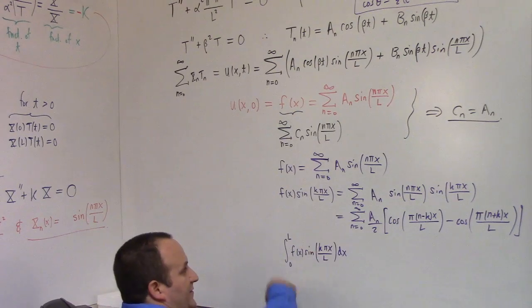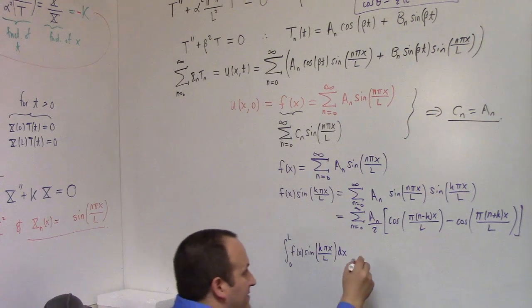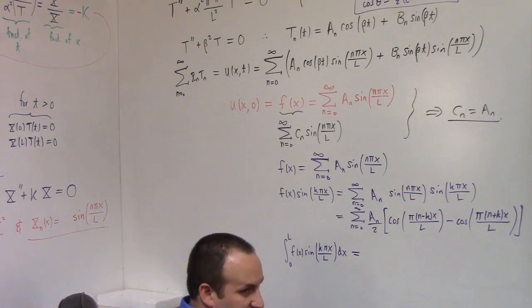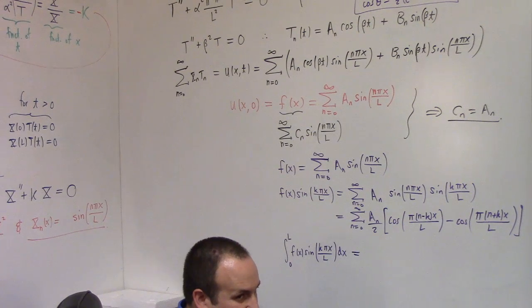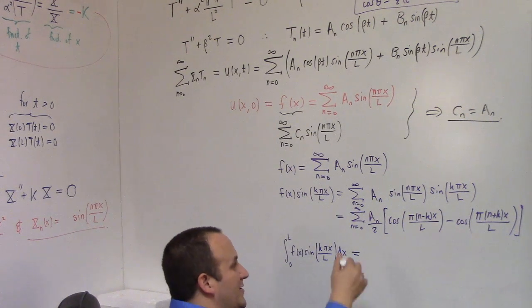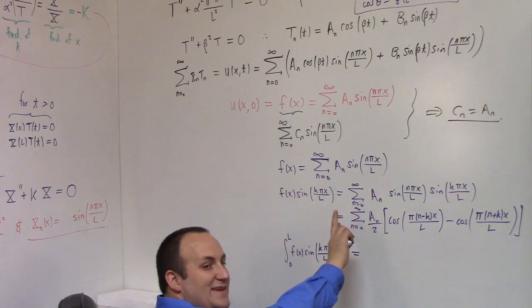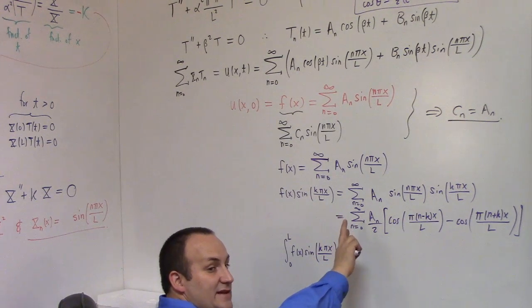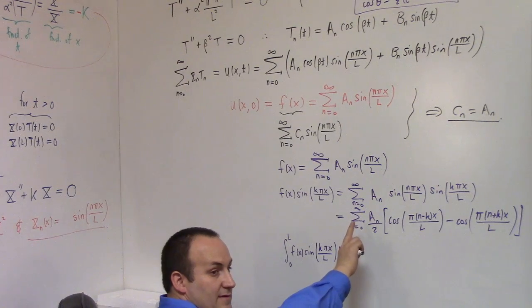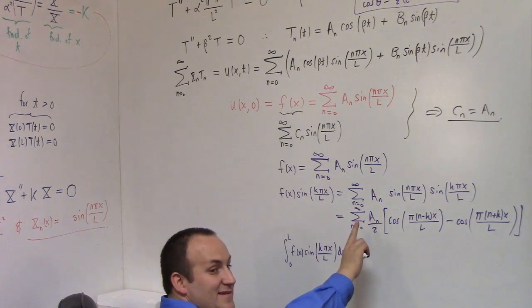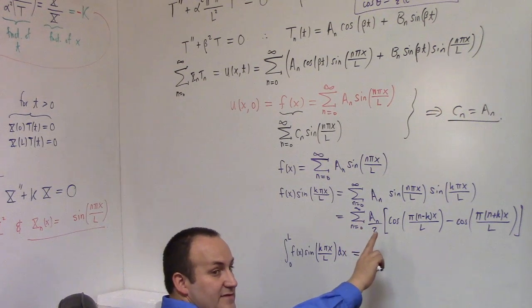You integrate this thing from 0 to L, and then there's a little bit of analysis here. I'm assuming that I'm going to integrate both sides of this, and so on the other side, I'm assuming we can switch the order of summation and integration. That is a shady, questionable calculation that fails us in general.